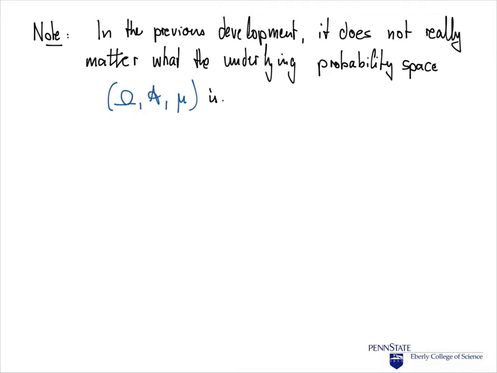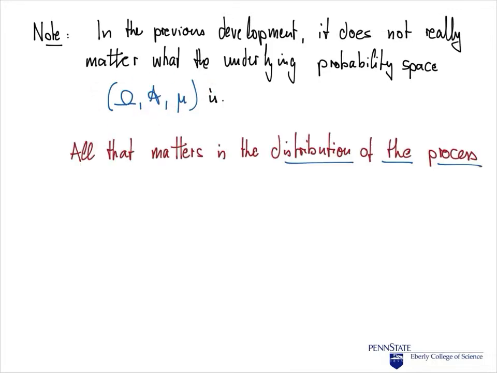So what does the Kolmogorov extension theorem say? Well, note that in the previous development, on the previous slides, it does not really matter what the underlying probability space, that is our space omega, A, mu, is. All that really matters is the distribution of the process.